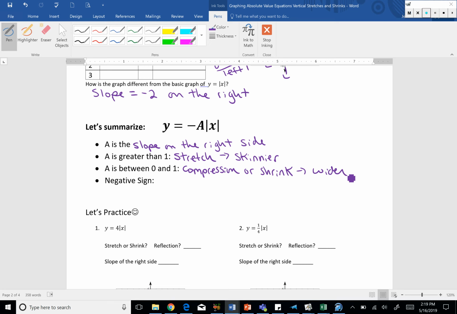So you're going to get wider if you're being compressed. Last but not least, that negative sign, technical speak for it, is a reflection. What we noticed is our graph goes upside down. That's what we saw happen. Our graph went upside down.